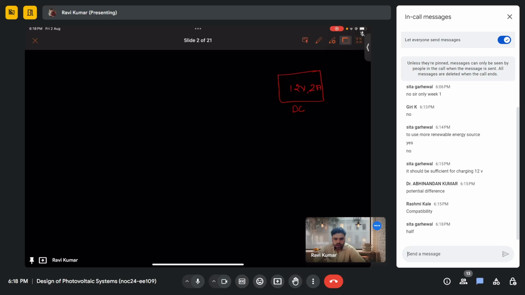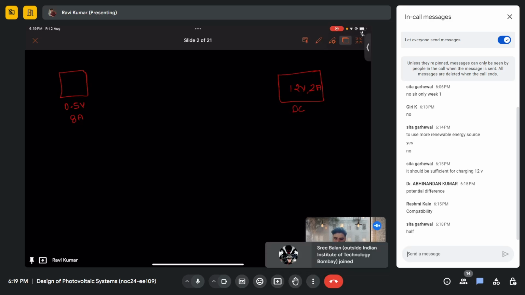So if we have one cell which has 0.5 volt and 8 ampere current, how many solar cells do we need to charge this battery? Minimum number of solar cells we need to charge this battery.